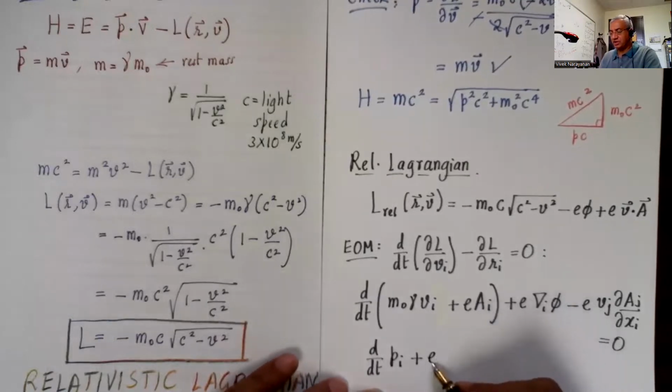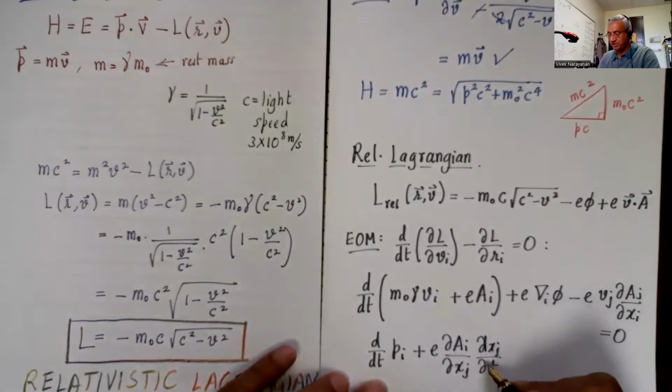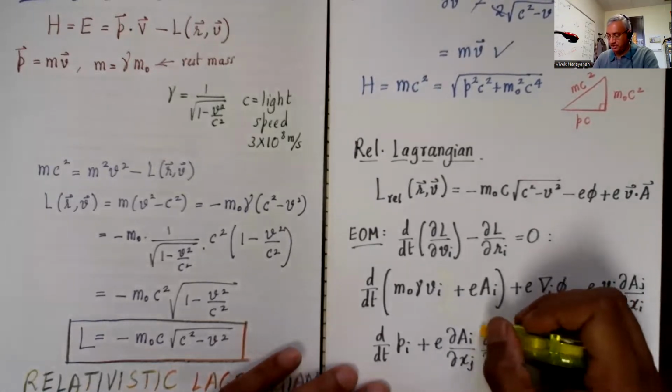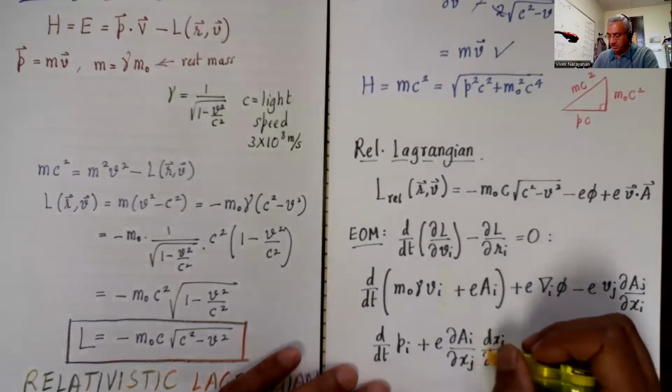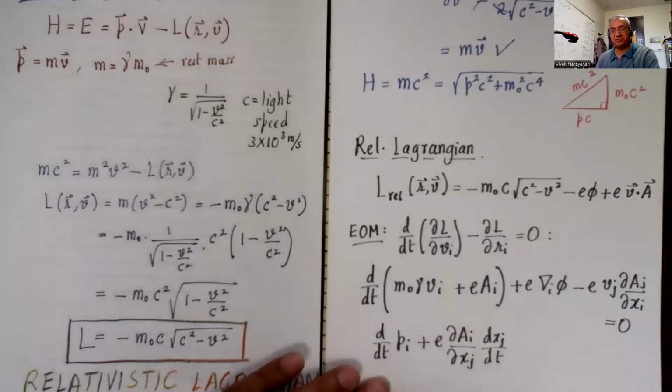Well, that's just E times del A_i by del x_j and del x_j by del t, or dx_j by dt, by using what's called the chain rule of partial derivatives. So instead of writing it as dA_i by dt, I wrote it like that.